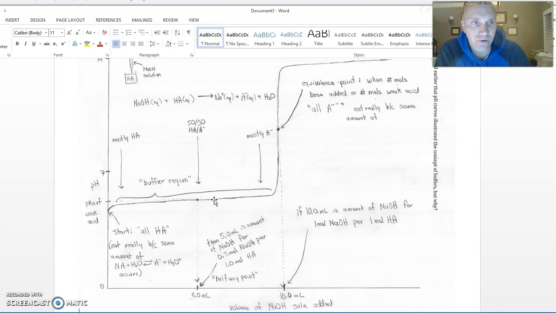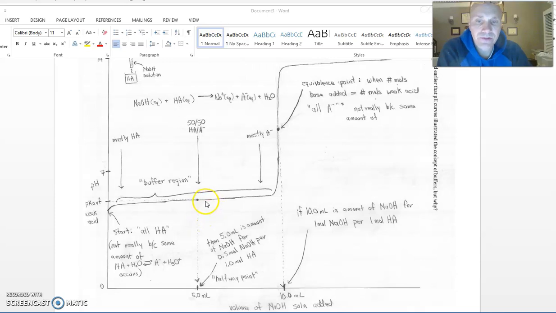There's very little vertical rise when you're adding strong base in this direction. If we added strong acid to this and went back in the other direction, you notice it also doesn't change that much. So that's why in these acid-base curves, this region right here is considered the buffer region, because you can add strong base and take it to the right, and the pH doesn't change that much, or you could add strong acid and take it to the left, and the pH doesn't change that much.